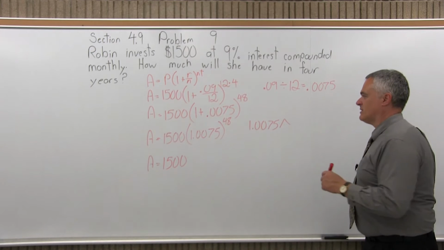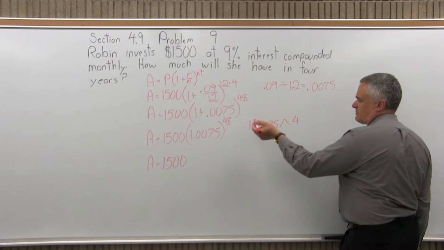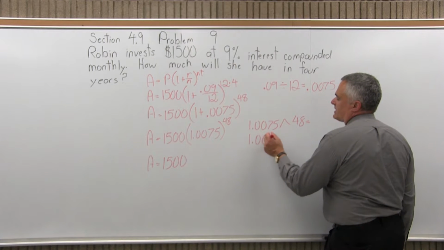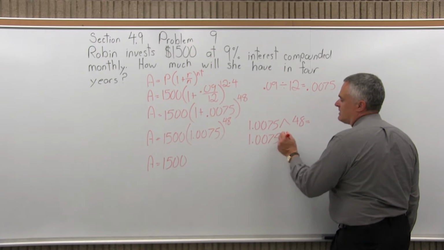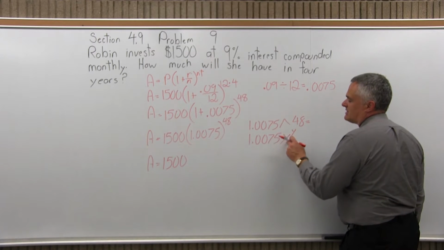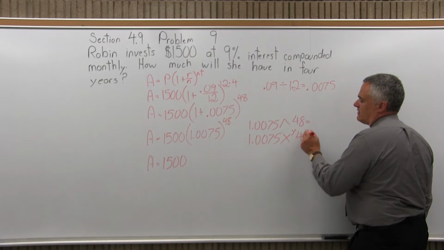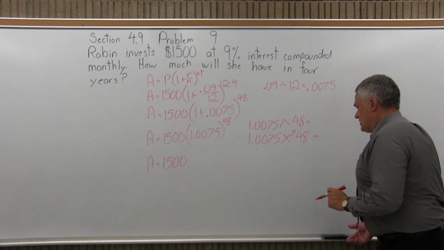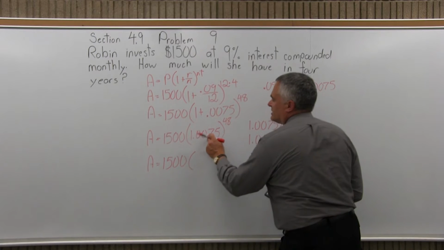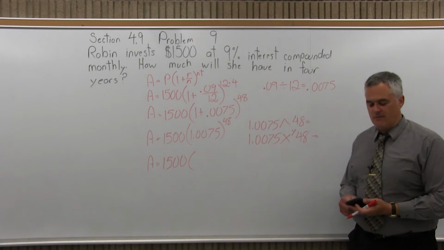Enter the exponent, in this problem 48, and equals. Some calculators have a different exponent button, x to the y power. It's the same thing. It depends on the brand of calculator.